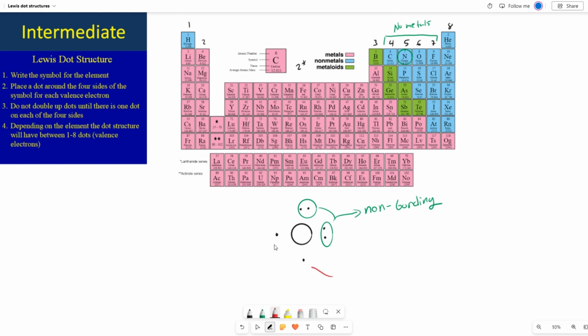And it's just these two that are going to make a bond. So each one of those will make a bond. So we'll make 2 bonds. So oxygen will make 2 covalent bonds.